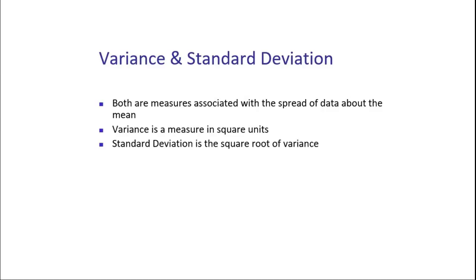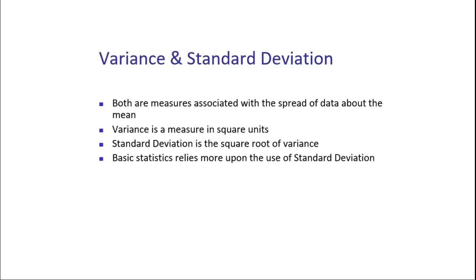The standard deviation is the square root of variance, so it isn't in squared units, it's in the same measurement as the original values. If your original values were in centimeters, then your standard deviation is in centimeters. If your original values are in kilograms, then your variance is in kilograms squared, and your standard deviation is in kilograms.